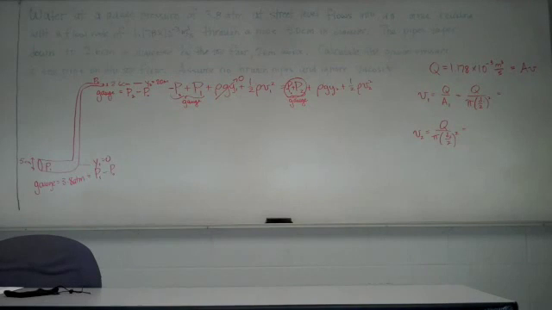So A1, we're dealing with 5 centimeters, so 0.025 squared. So the water is flowing at 0.6 meters per second down in the 5 centimeter tubing, piping, whatever you want to call it.